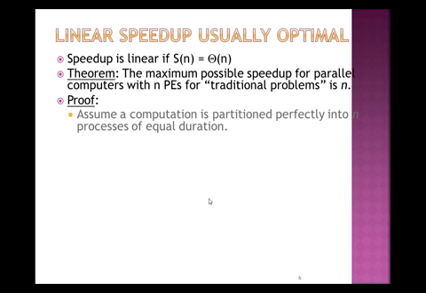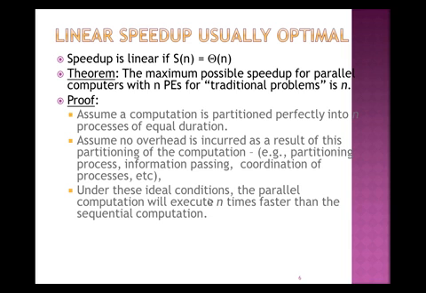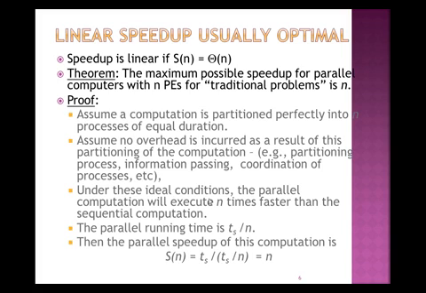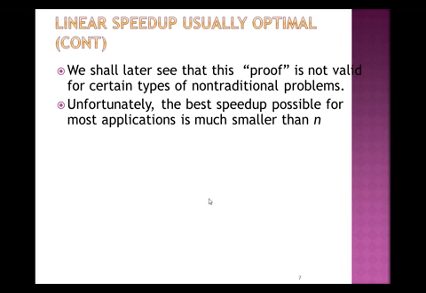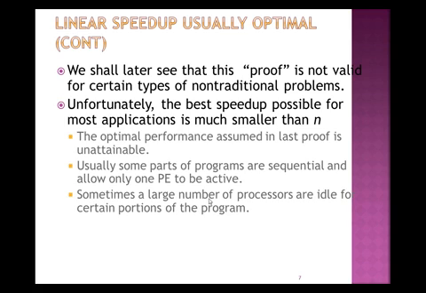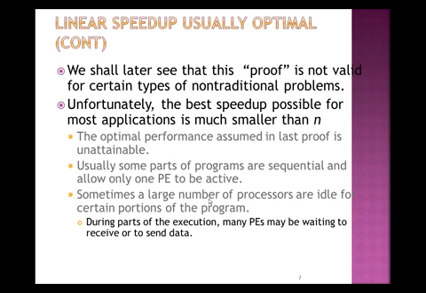This is the notation. We have discussed the theorem that is used for the speed up. We have discussed all these theories, what is the proof, what is the optimal performance, that is the proof.